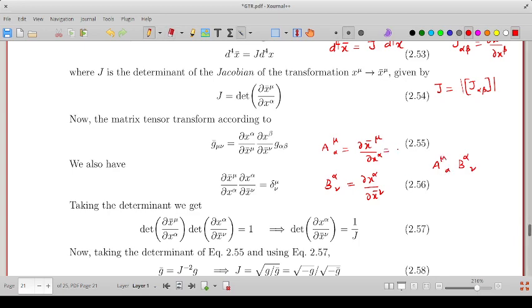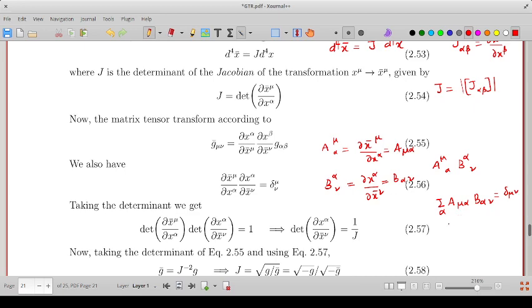Since it has two indices, I can write this in matrix form, as A mu alpha and this as B alpha nu. So this means the sum over alpha of A mu alpha times B alpha nu is equal to delta mu nu.